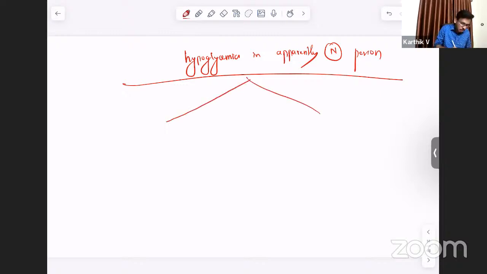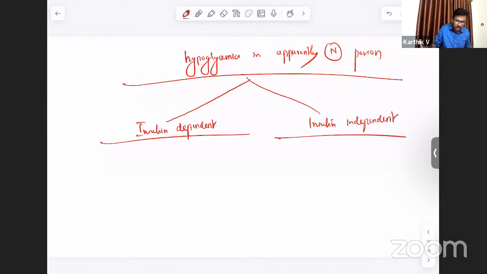Okay, so hypoglycemia in an apparently normal person, how are we dividing? We are dividing them into insulin dependent causes and insulin independent causes. Insulin dependent means the cause for hypoglycemia is insulin acting on its receptor.